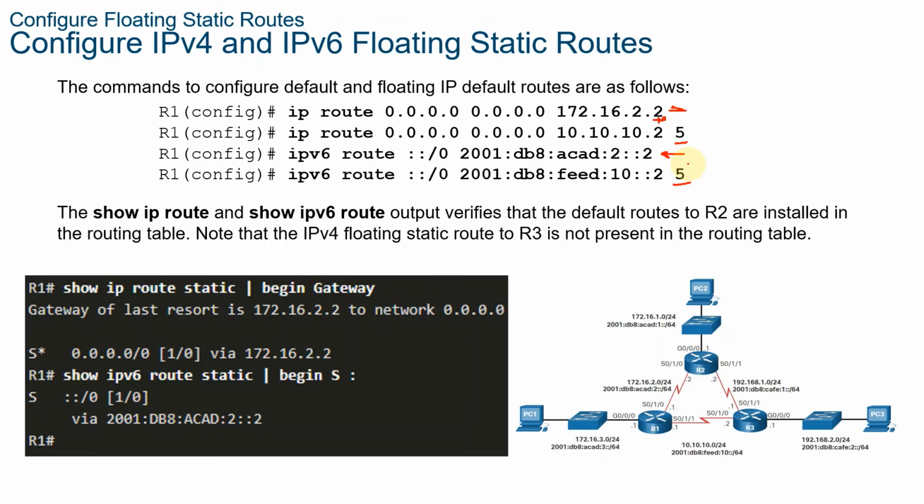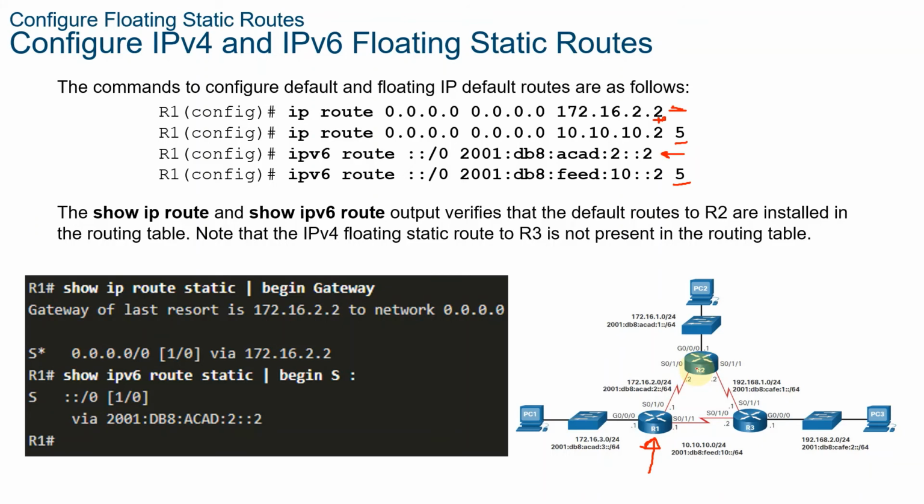All right? So refer to the topology in the figure. The ip route and ipv6 route commands are issued on R1. Take note that this time our R1 is connected to R3 and R1 also is connected to R2.